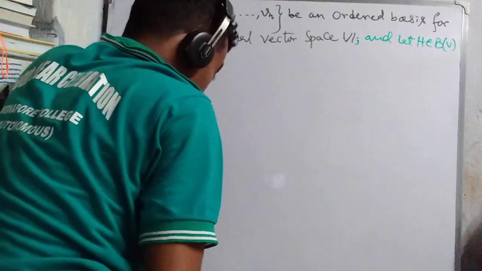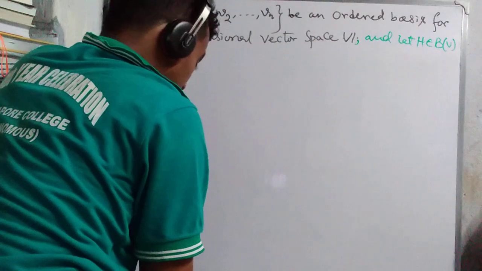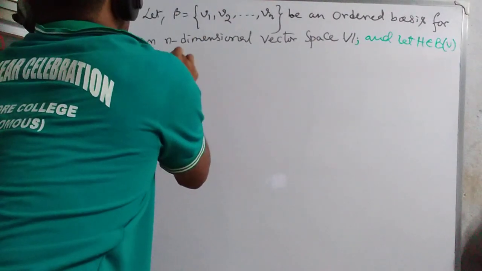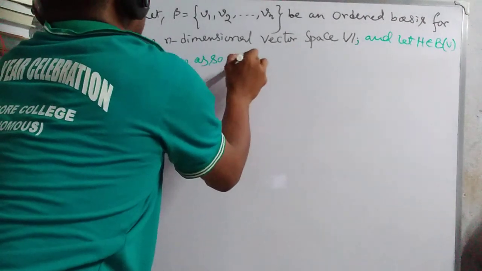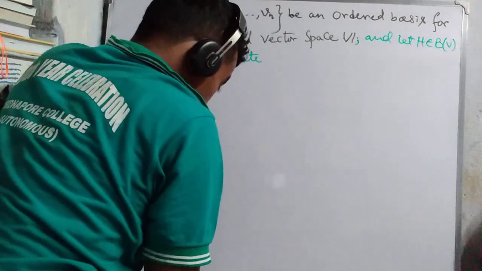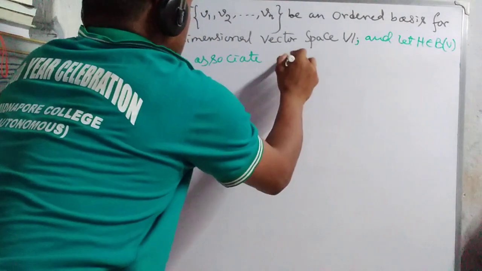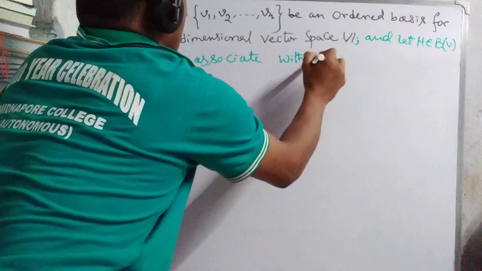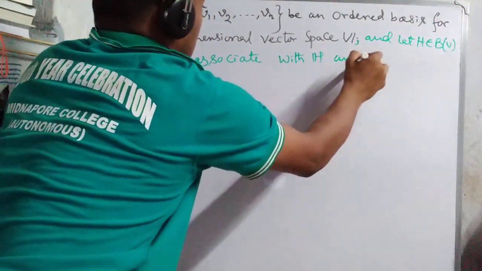We can associate with H an n cross n matrix A.